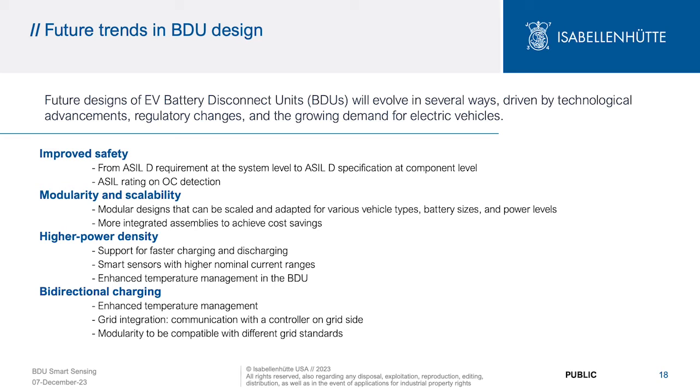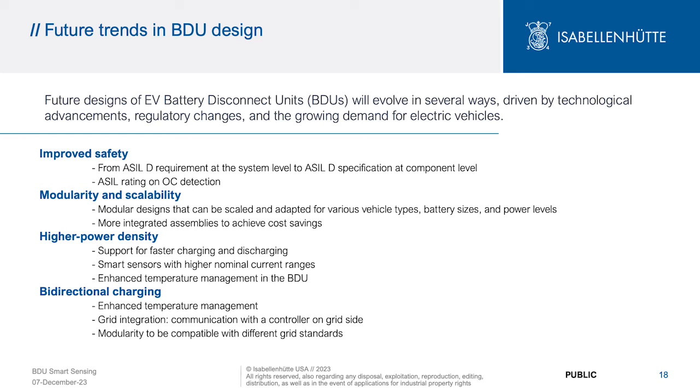So we definitely see the need for enhanced temperature management in the BDUs in the future. Also, all the modules in the BDU will have to have a higher nominal current range to comply with these new requirements.